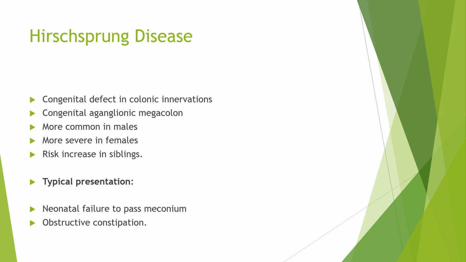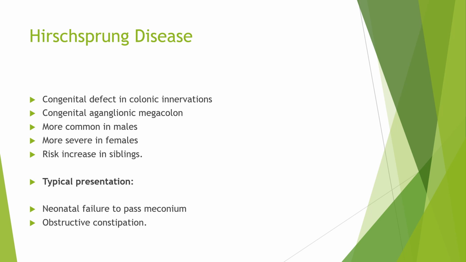This disease is called congenital aganglionic megacolon. Congenital because the baby is born with it and it's not acquired. Aganglionic because upon microscopic examination of any biopsy from the colon, no ganglion cells are demonstrated, and megacolon because in these patients the colon is remarkably enlarged and dilated.